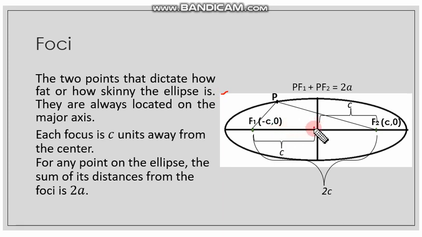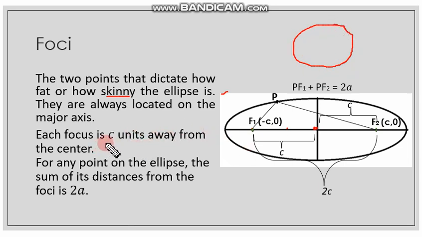If the foci are farther from the center, it means that our ellipse is a skinny one. But if the foci are closer to the center, let's say here, it is a fat one.